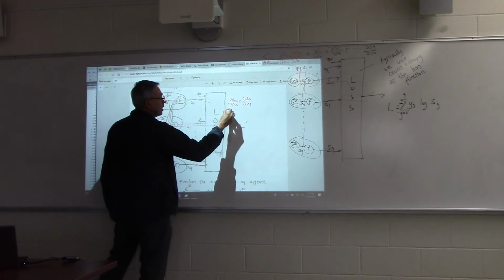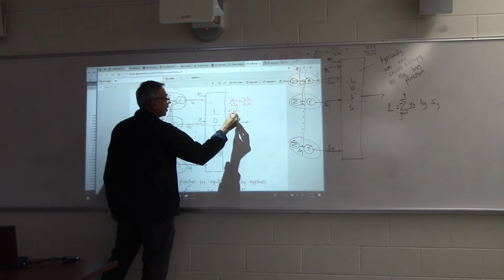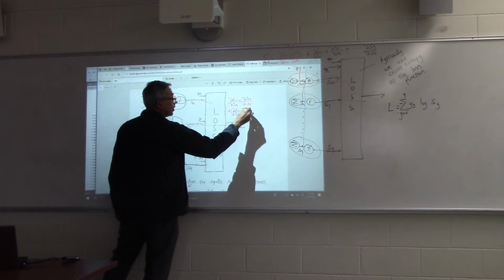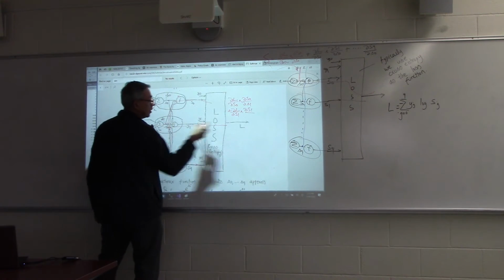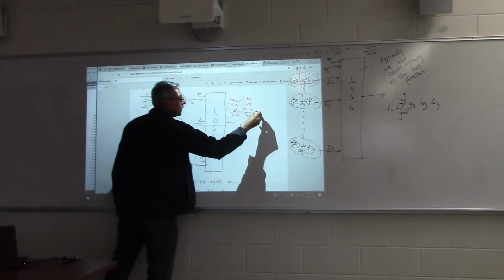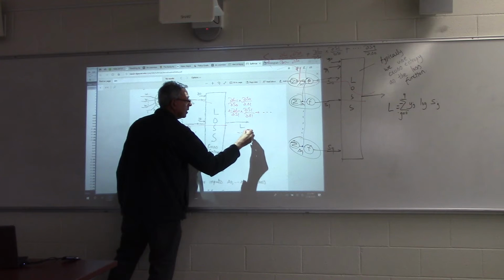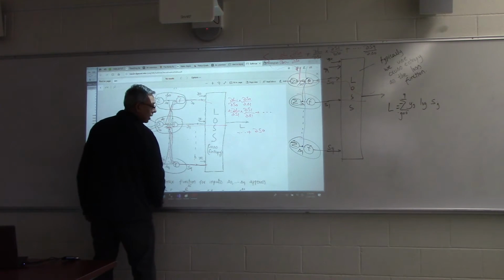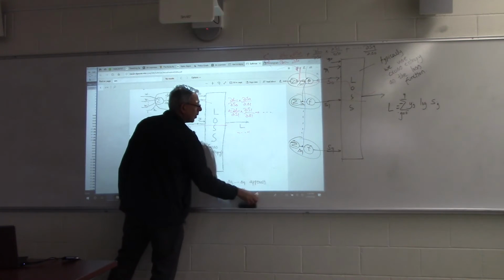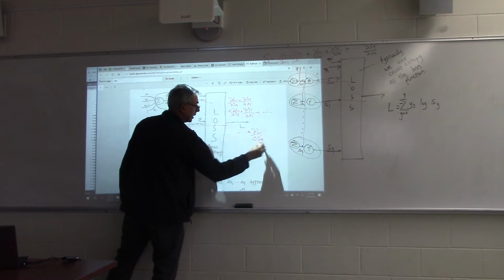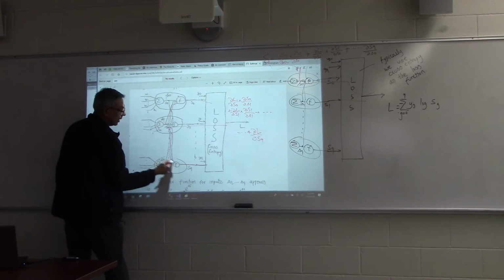Okay, then partial L over partial S1 times partial S1 over partial S1, right? Plus, keep going, partial L over partial S9, right?